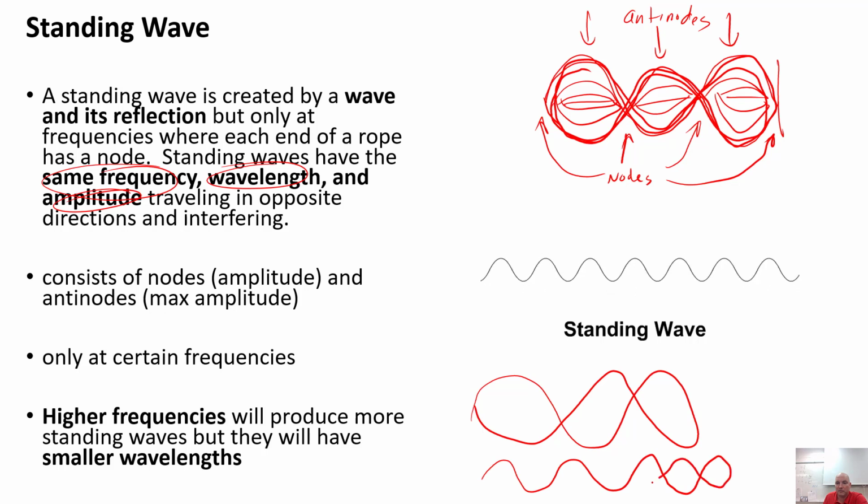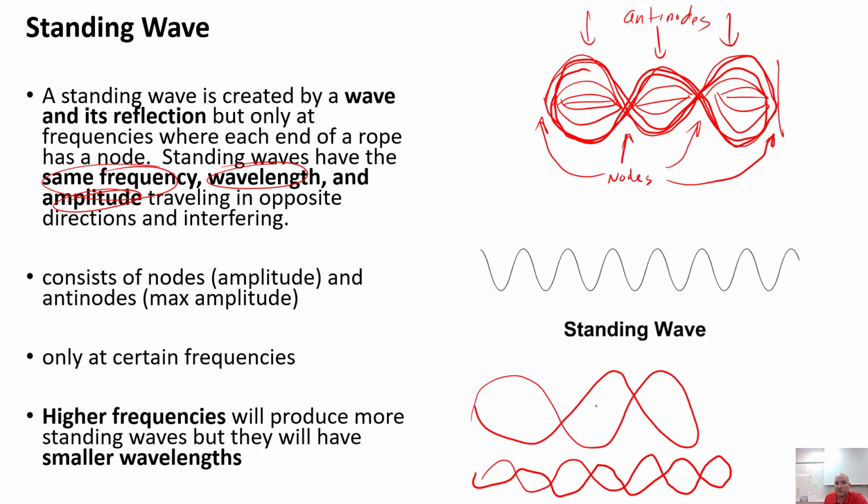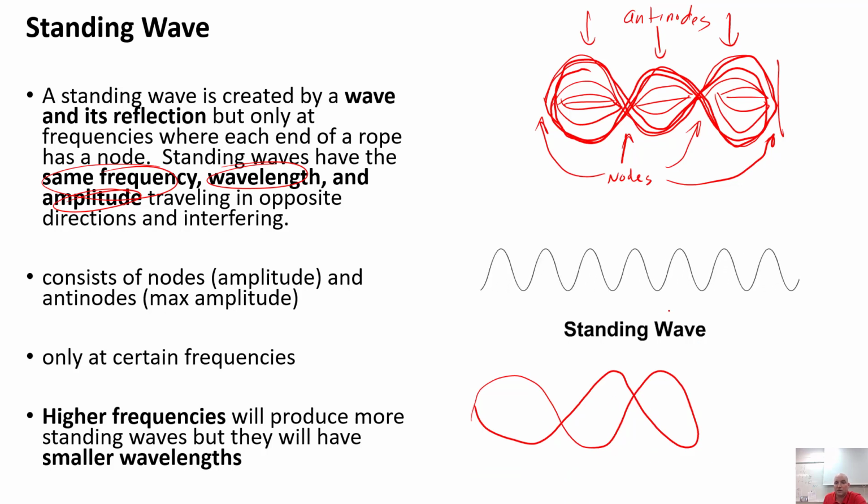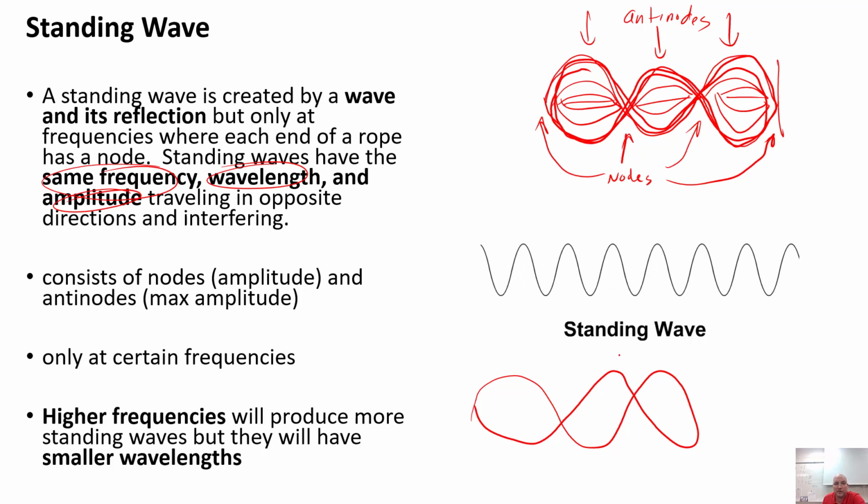I probably passed it up. I did a bad job here. But in general, you would actually go from 3 to 4 to 5. As you just kept vibrating the string more and more, you'd see the standing wave disappear, and then you'd see the next level of standing wave with one extra antinode appearing in the center.